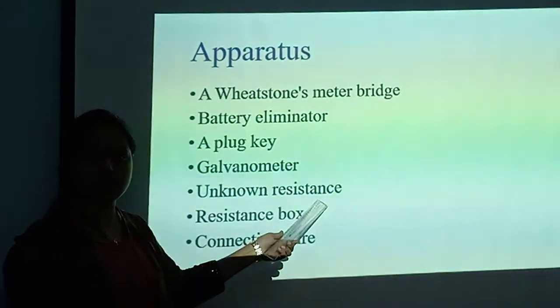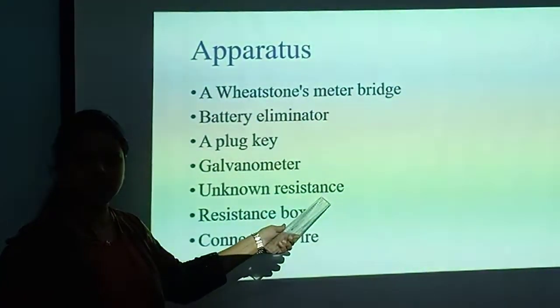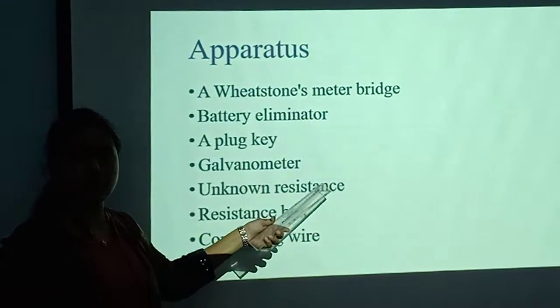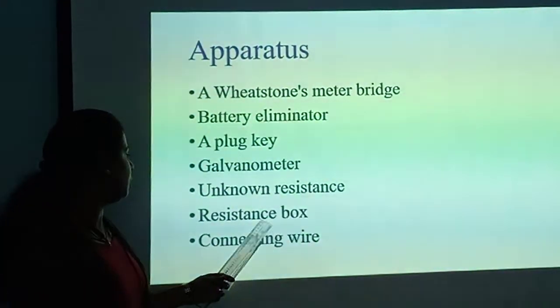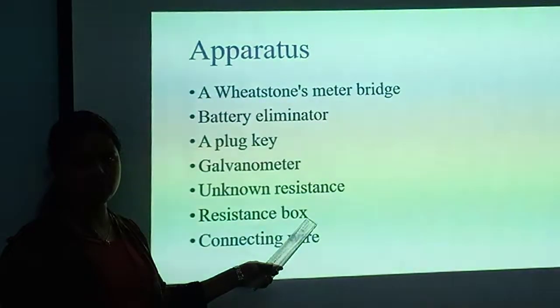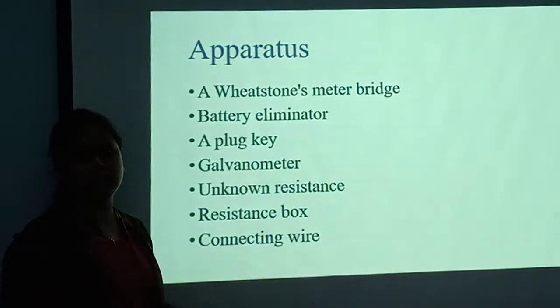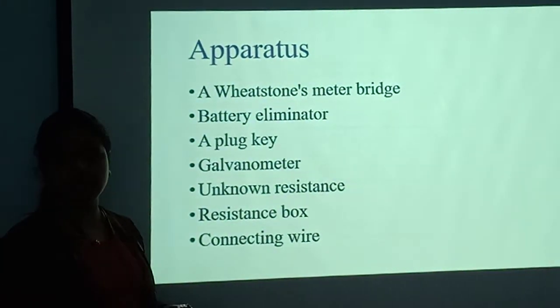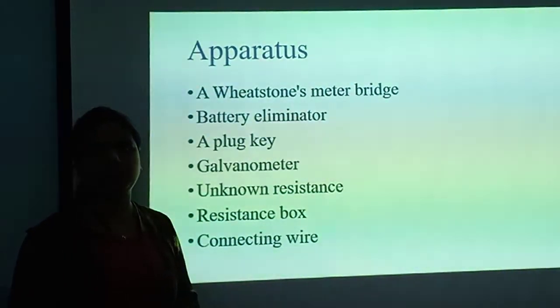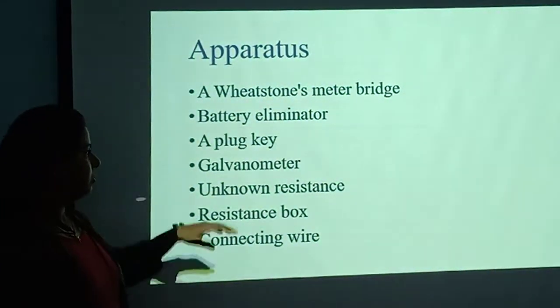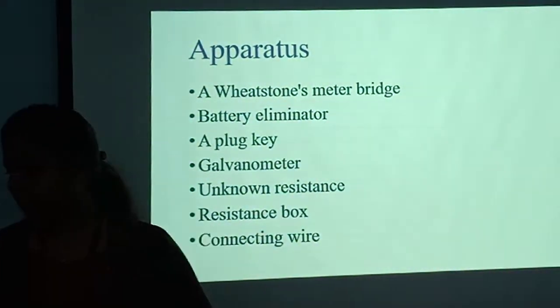Unknown resistance means the resistance for which we are doing this experiment to calculate its value. After that, a resistance box and connecting wires. So this is the list of apparatus we are going to use.